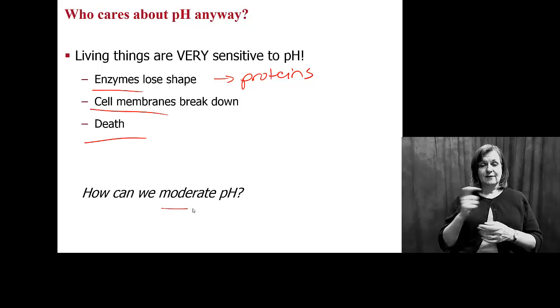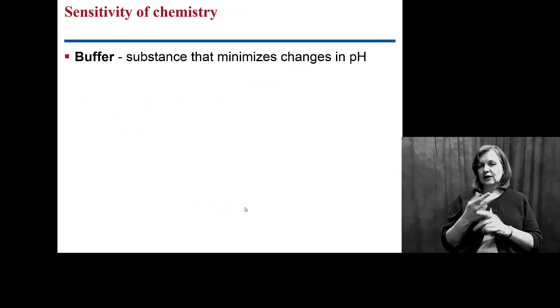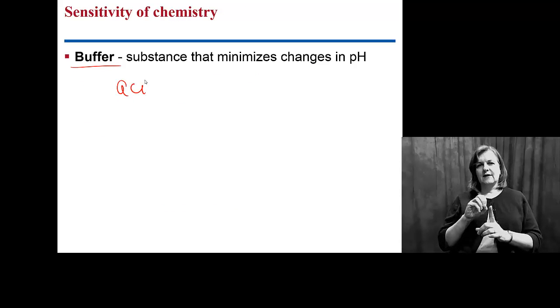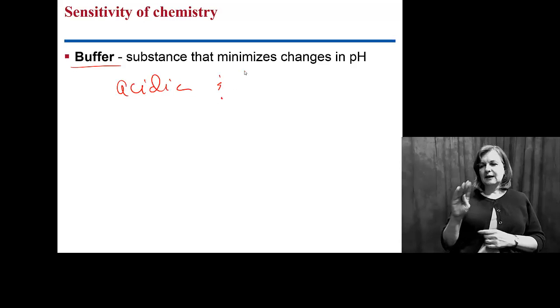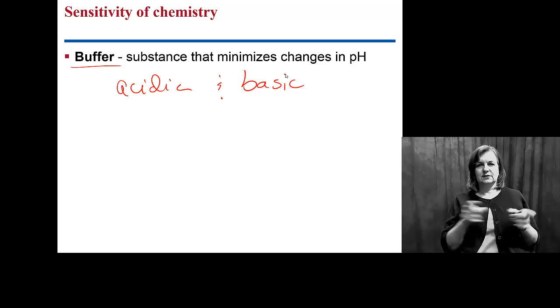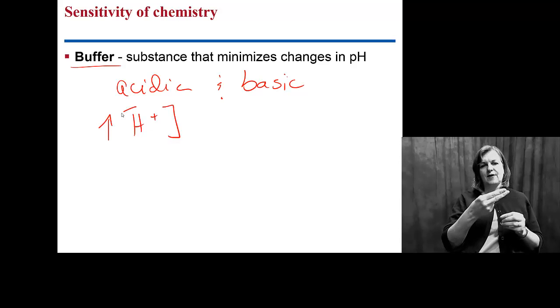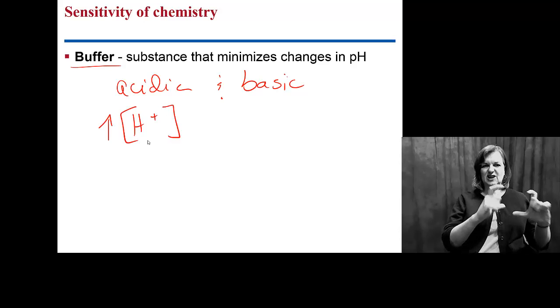So we actually have to moderate this very carefully with things known as buffers. So buffers can actually impact both acidic and basic solutions. So you can buffer either one. So in an acidic solution, we have high amounts of those hydrogen protons, right? High concentrations.